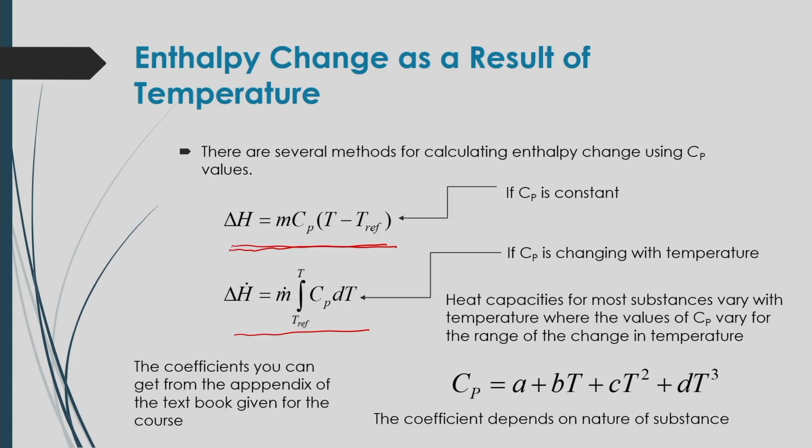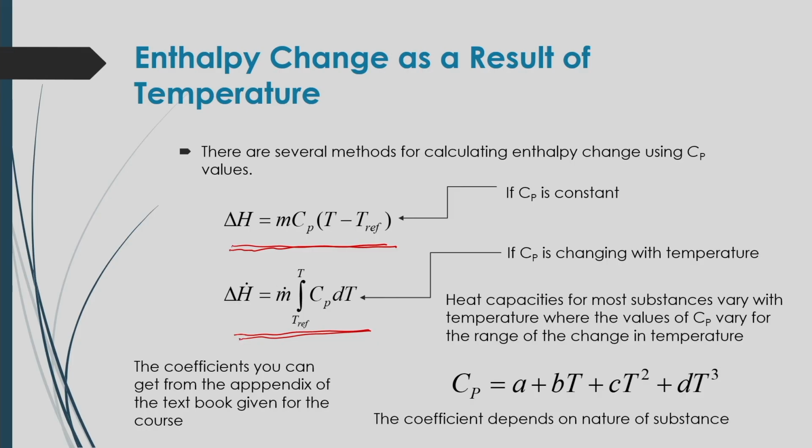Here, since Cp is a function of temperature, within a certain range of temperature you can directly get the enthalpy change after integrating that function of specific heat capacity with temperature, and multiplying it by the amount of material.